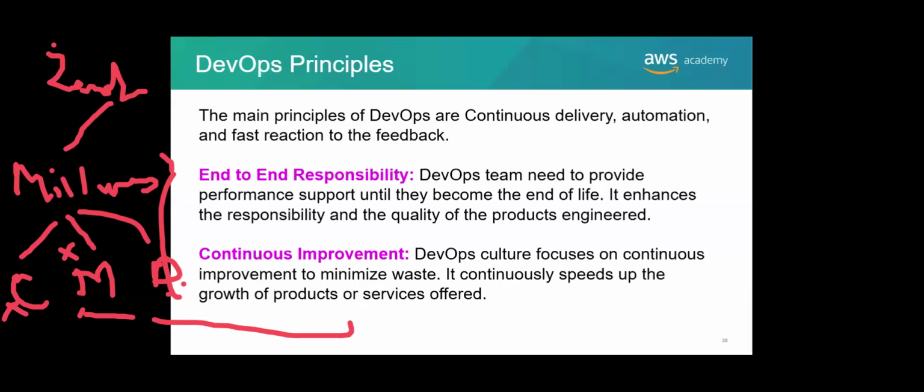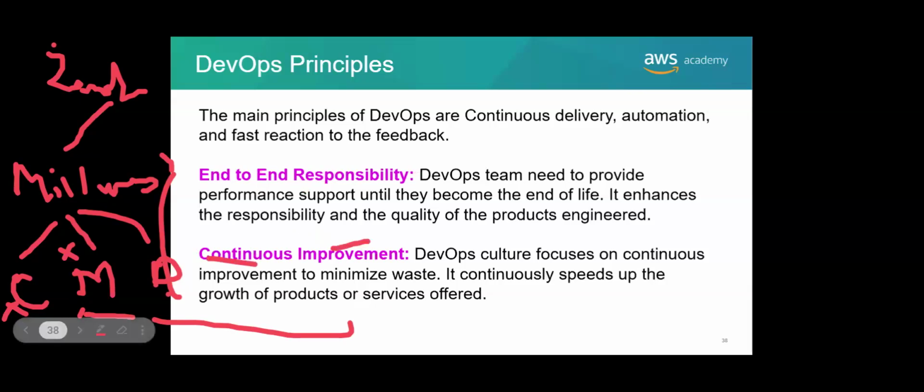If it is lower than whatever we expect, we are able to do that, where end to end we can reduce the cost as well. Wherever it is possible, we will reduce the cost and the manual work.